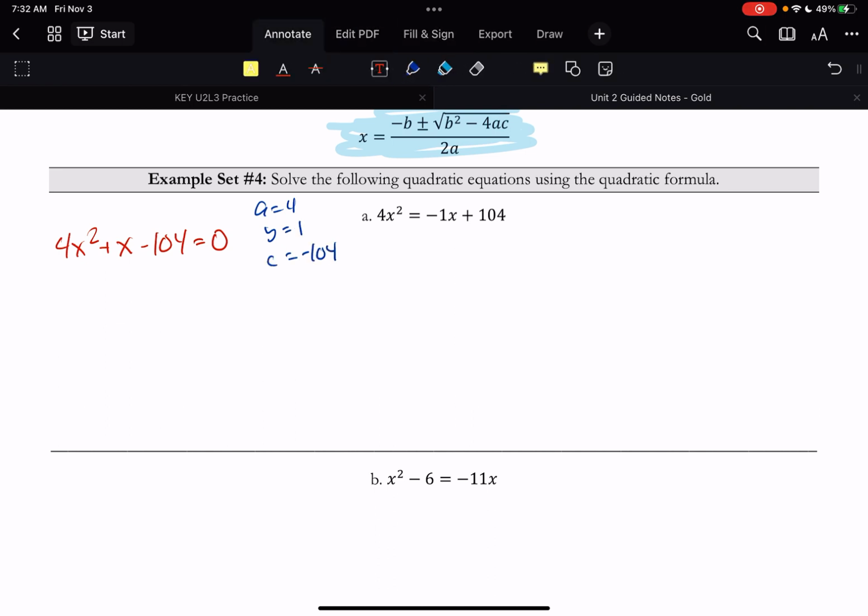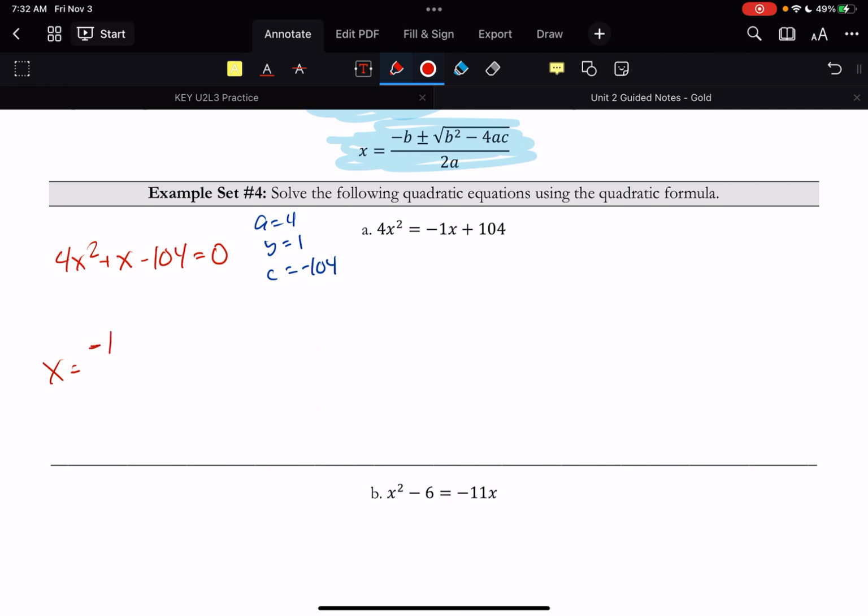So now I'm just going to go ahead and substitute everything into my formula. So I'm going to do opposite negative 1 plus or minus the square root of b squared, so 1 squared, minus the quantity of 4 times a, which is 4, times c, which is negative 104, all divided by 2 times a, 2 times 4.